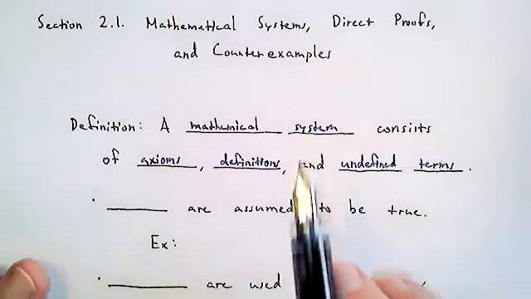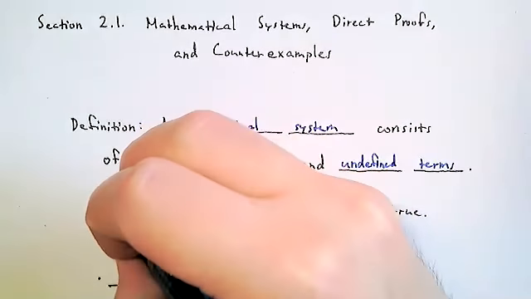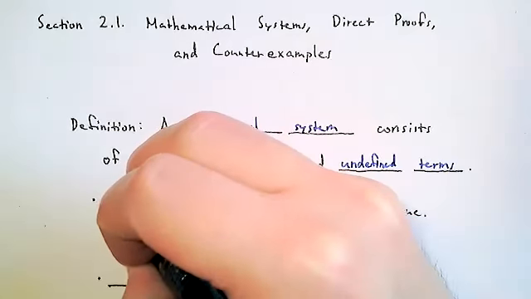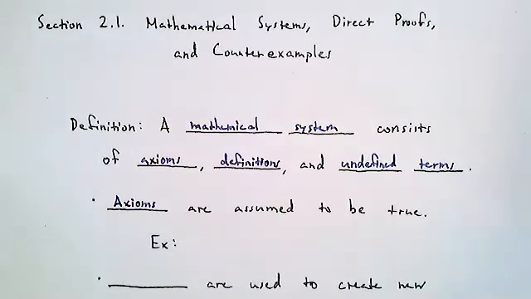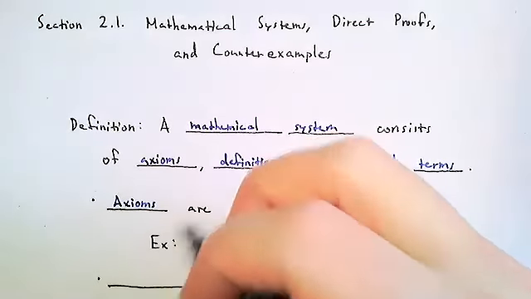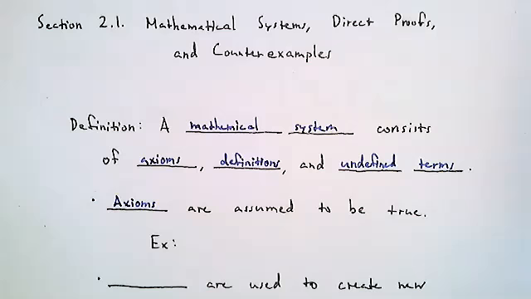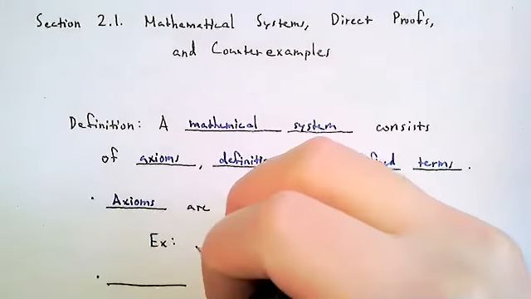So in a mathematical system, axioms are what you assume to be true. So for example, in geometry, one of the axioms is that there is exactly one line between any two distinct points.